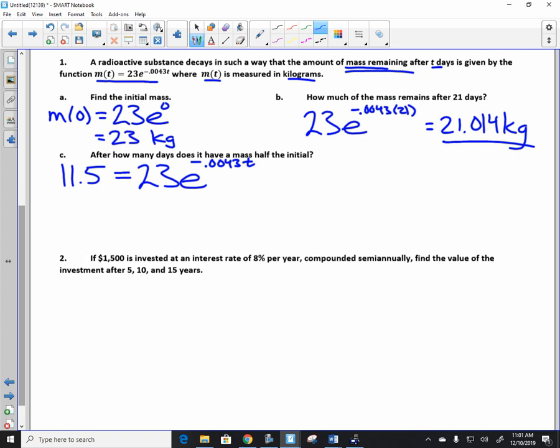That's the equation I would like to solve. That's an equation that we taught you how to solve yesterday. Does anybody know the first step to solving that equation? You would divide by 23. We divide both sides by 23. You get 1/2 is e raised to the negative 0.0043t.